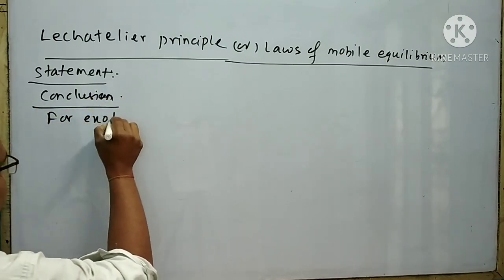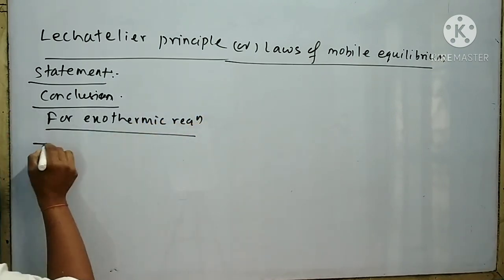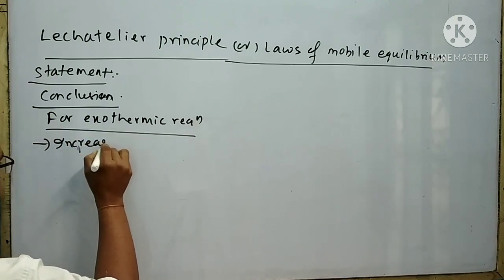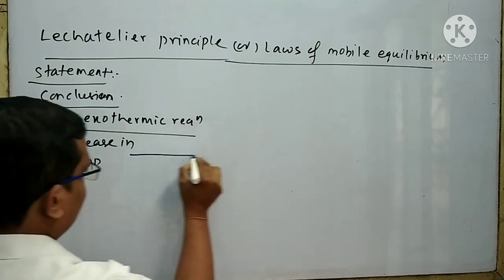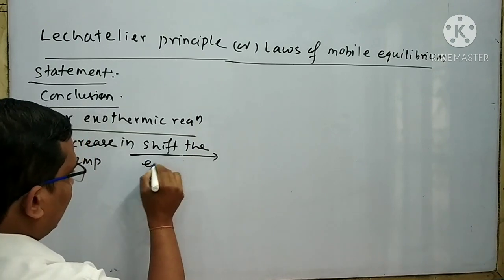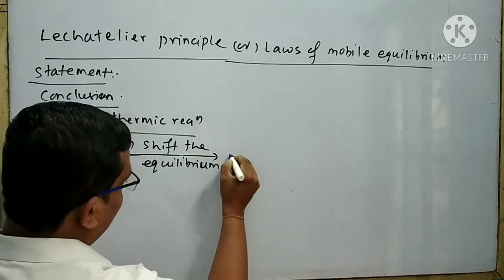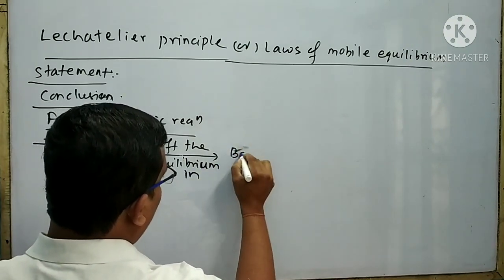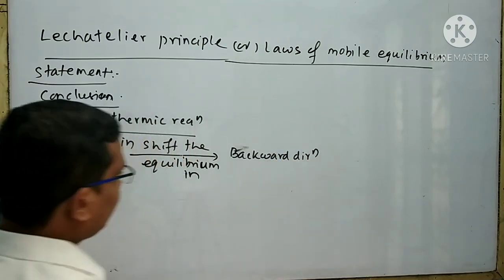For exothermic reaction, increase in temperature shifts the equilibrium in backward direction.